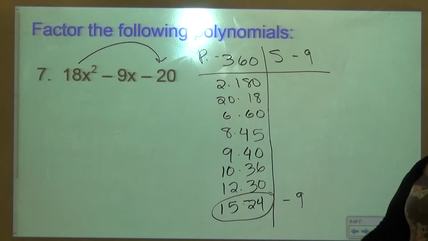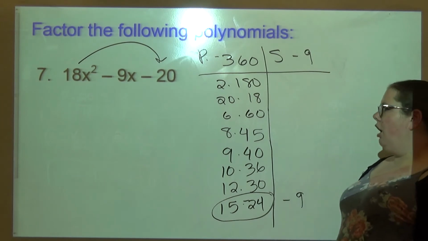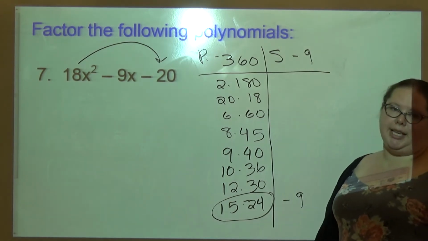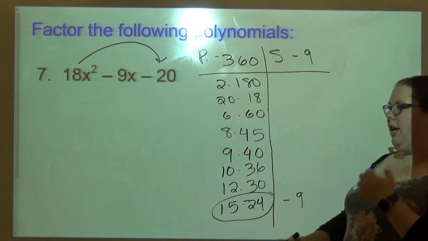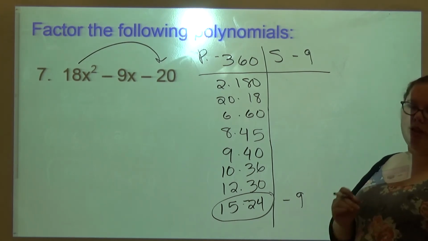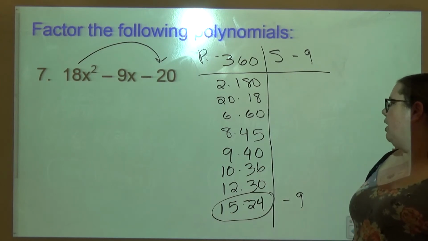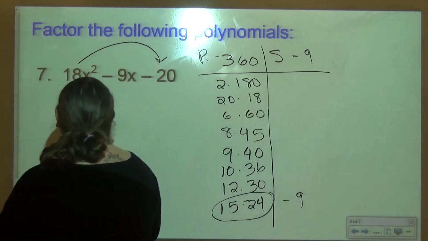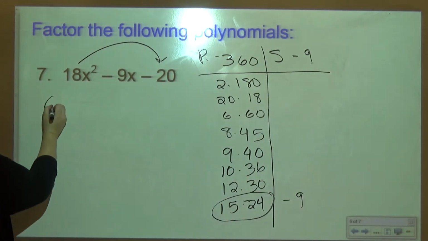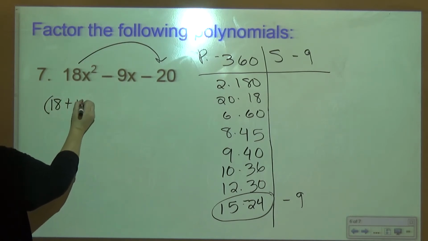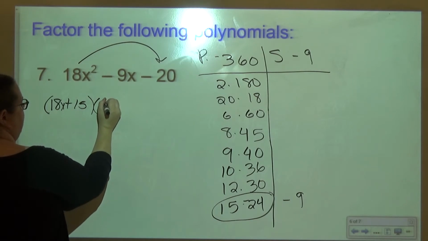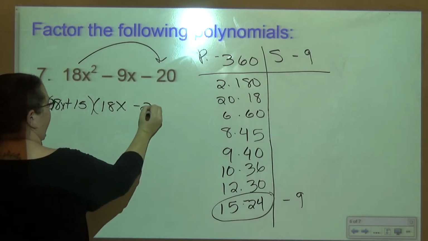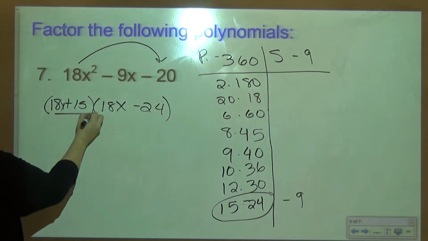So that's my thought process going through these. This is tricky. If you have a calculator, you can probably divide real quick: 360 divided by 10, 360 divided by 11, 360 divided by 12 to eventually get there. Then we do 18x plus 15 and 18x minus 24, and divide by our GCF.